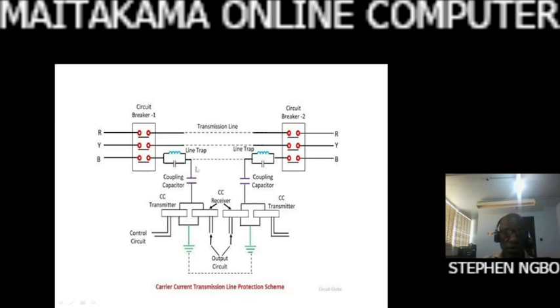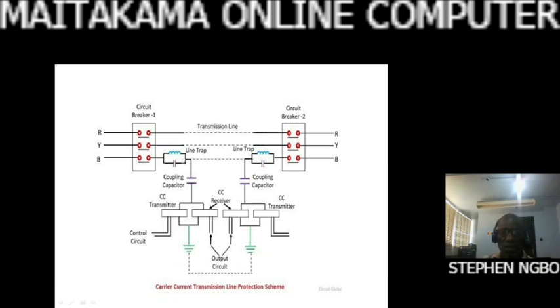This line trap connects the channel equipment to the transmission line, and it separates the channel equipment, which is the coupling capacitor, the transmitter, the receiver, from the high voltage of the transmission line.